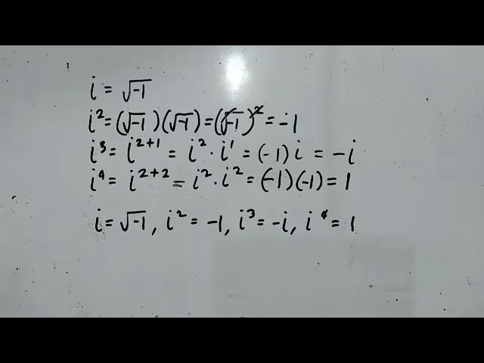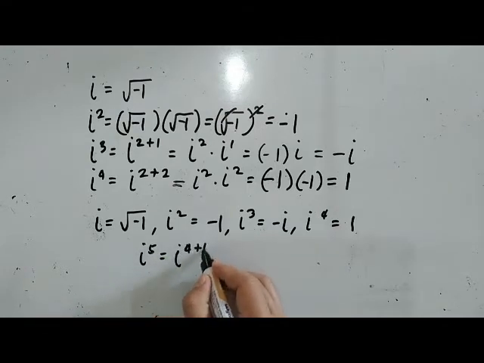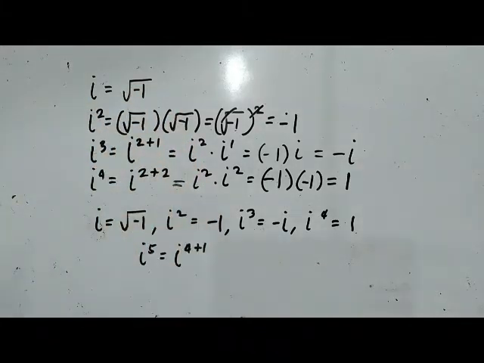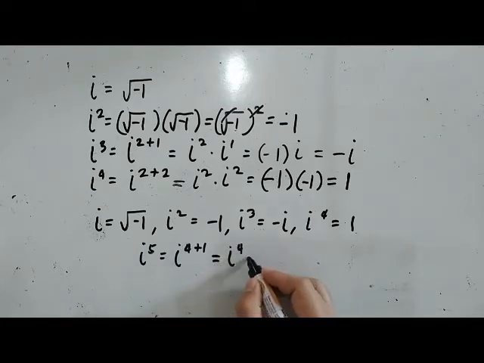For example, I to the power of 5. We know that I to the power of 5 is simply equal to I to the power of 4 plus 1. 4 plus 1 is 5. So we just break down all the exponents such that they fit here. So this becomes I to the power of 4 times I to the power of 1.